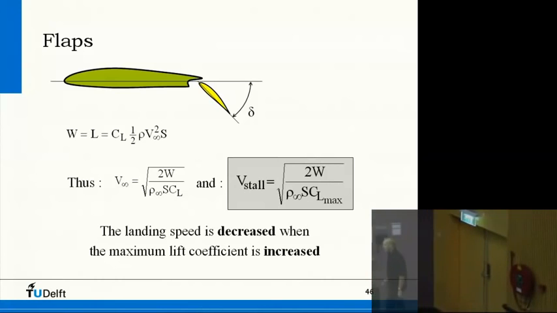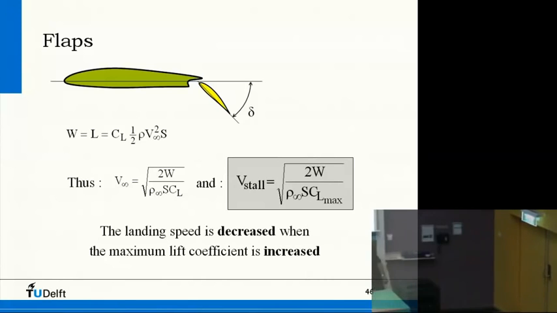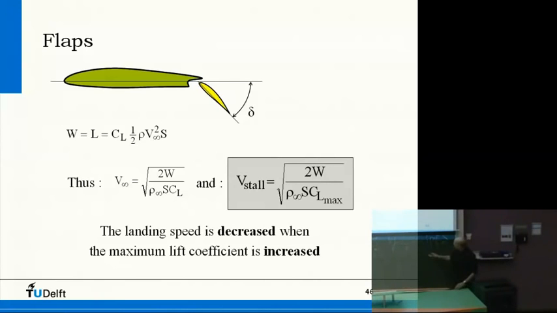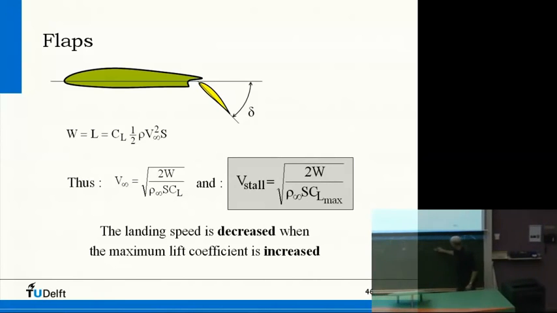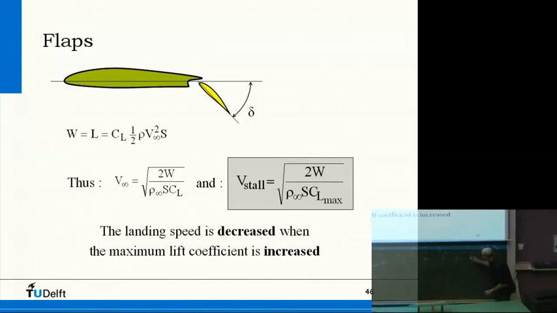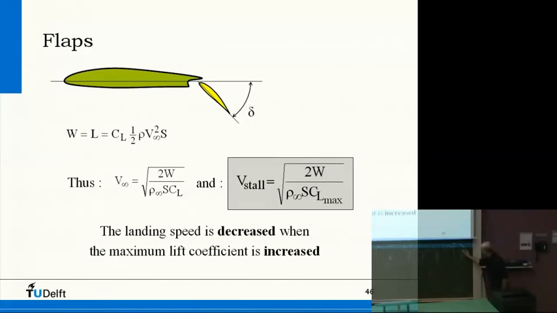And this changes, of course, if you lower V. If you lower V, it goes with V squared, so that's quite a bit. So to go down and have this more or less balanced, you can change this one, and you can change that one. If you have a fixed wing without any flaps and slats, then this is, of course, also fixed.